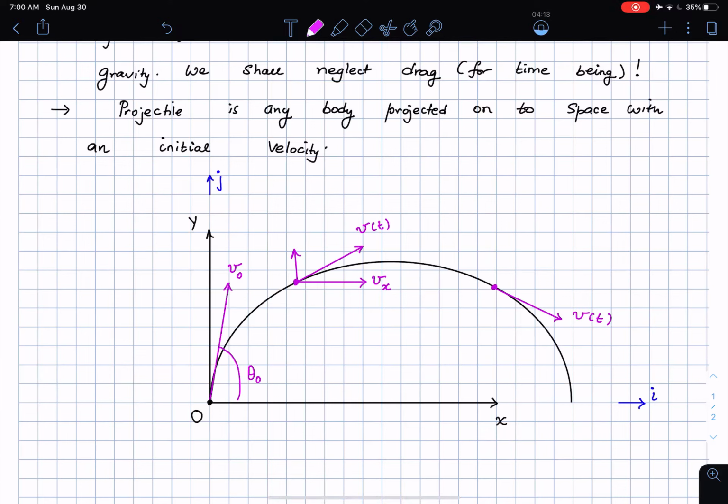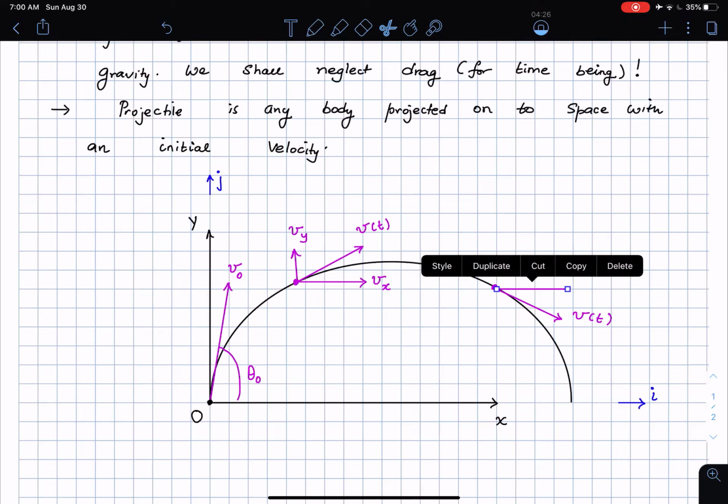So this is vx, this is vy. Likewise, I'm going to have an x component here pointing in the horizontal direction, and then likewise the y component drawn starting from here. So that's the y component and the x component at that point on the trajectory.